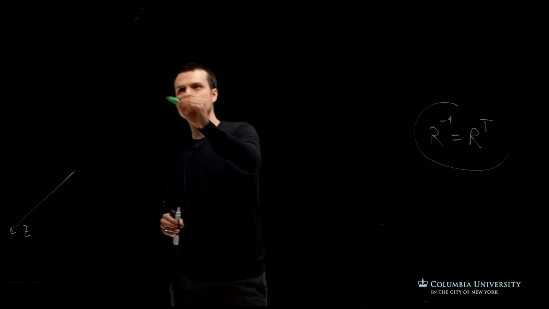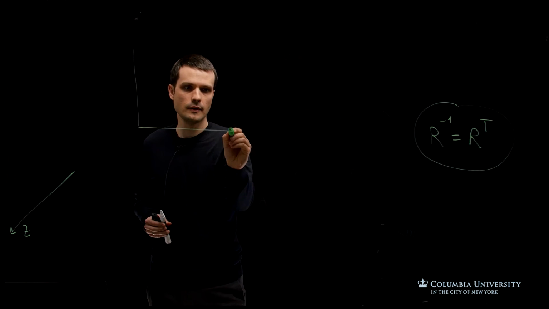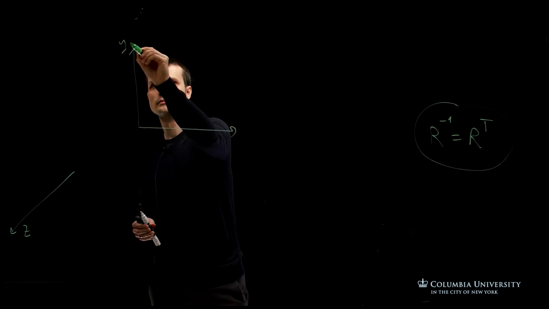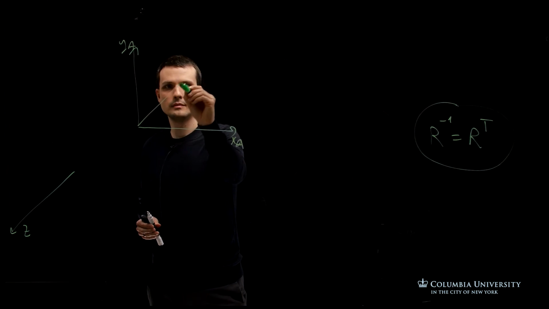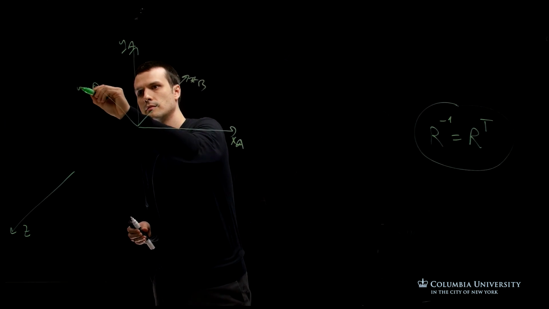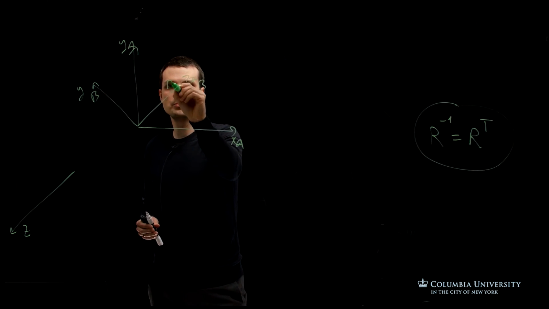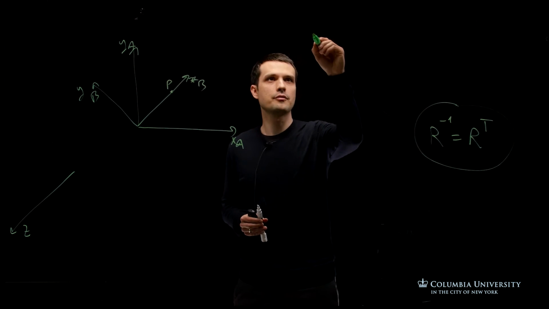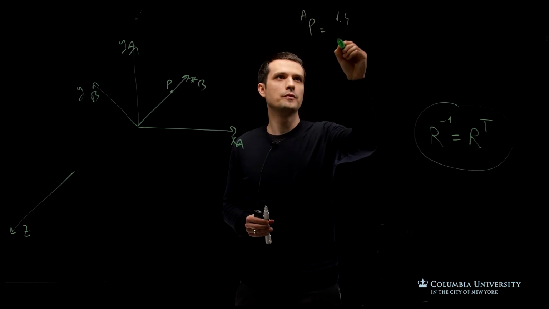So in our previous example, we had coordinate frame A and B. And we had just determined that point P, expressed in coordinate frame A, was 1.4, 1.4.